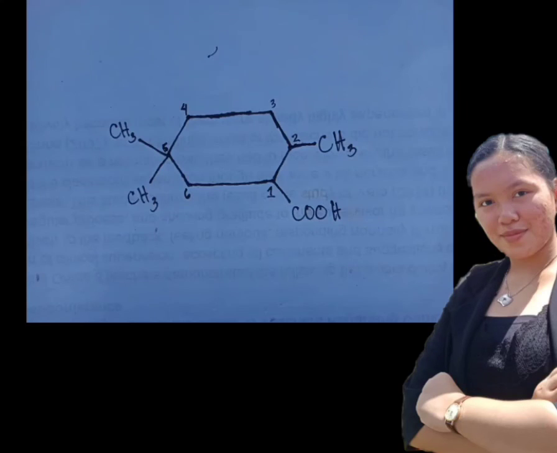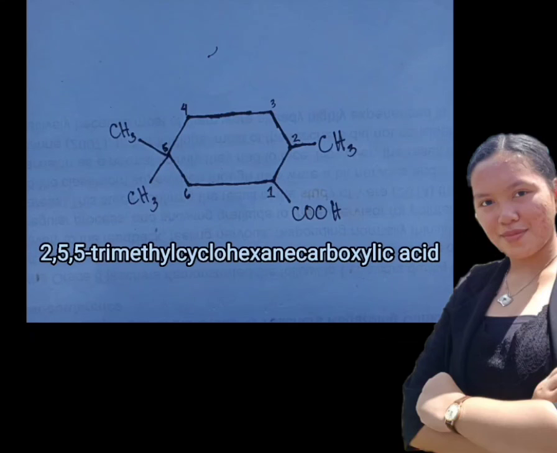Number the carbon chain or ring to put the COOH group at 1 and give the second substituent the lower number, which is number 2. Finally, combine the steps, which results in 2,5,5-trimethyl cyclohexane carboxylic acid.